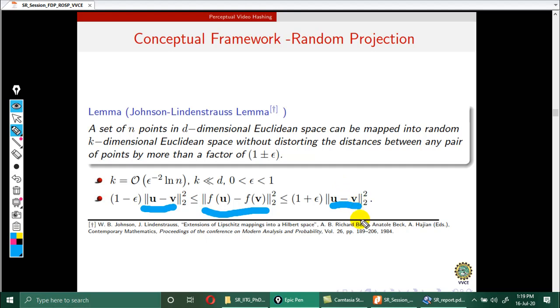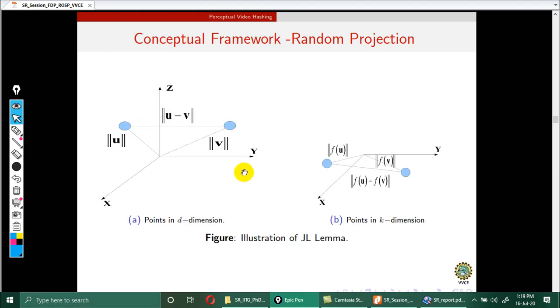To explain with an example, let me take a simple one. Suppose I have two points, vector u and vector v, in 3-dimensional space with x, y and z axes.